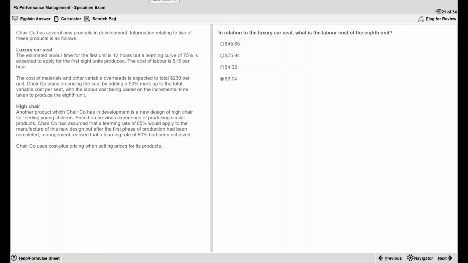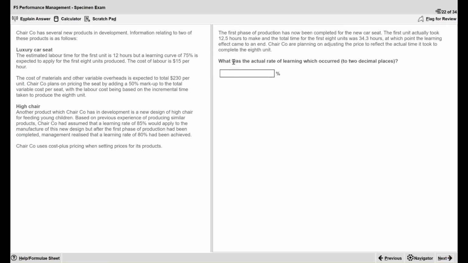Section B. Remember, again, we have 5 questions within a question. Let's look at the requirement in relation to the luxury car seat. What is the cost of 8 units? What was the actual rate of learning, which occurred to 2 decimal places?